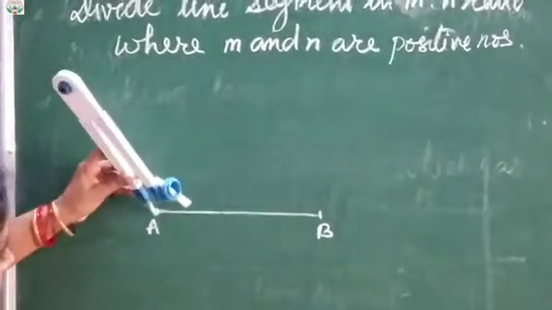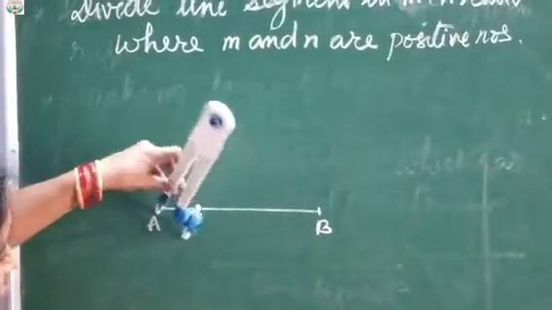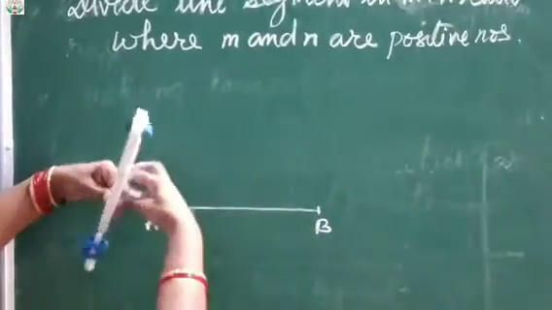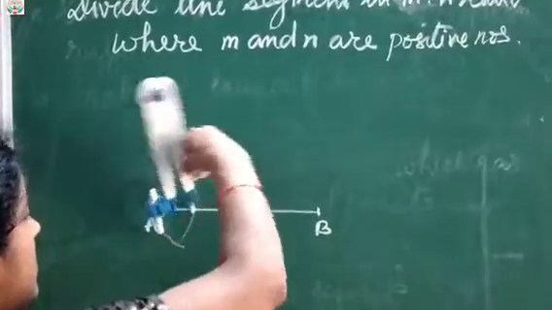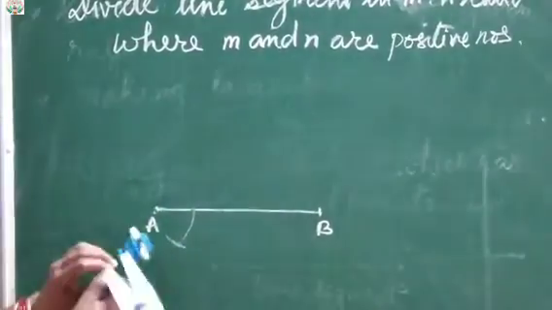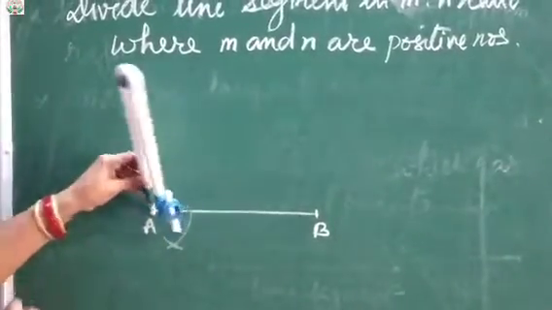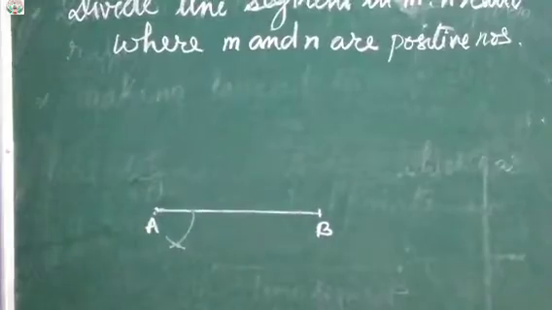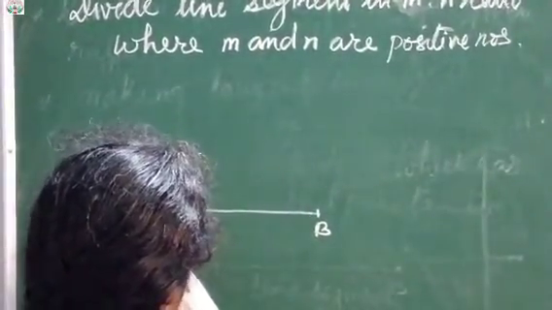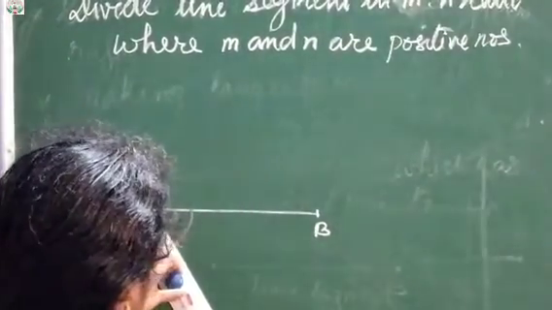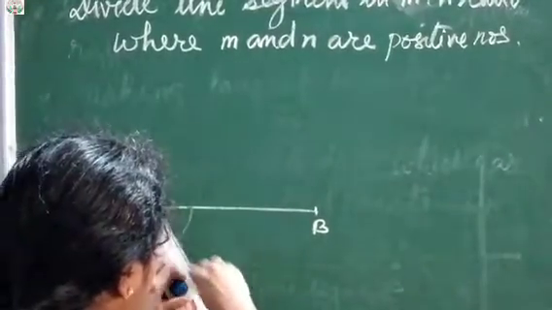So at A, draw an arc of an acute angle like this. Even if I make 60 degrees, that is also an acute angle. Now join the line like this.